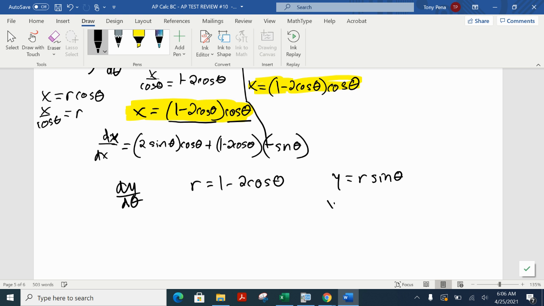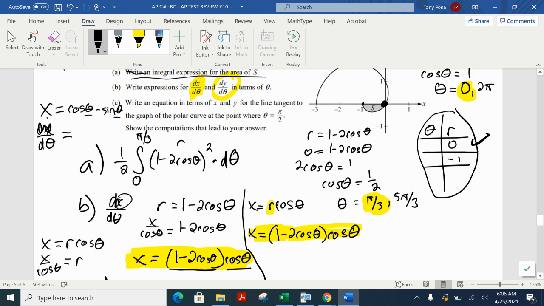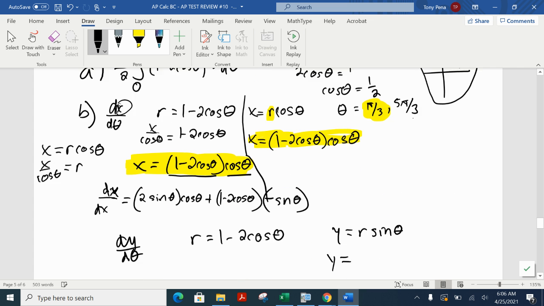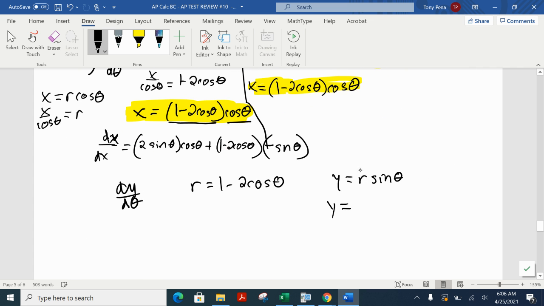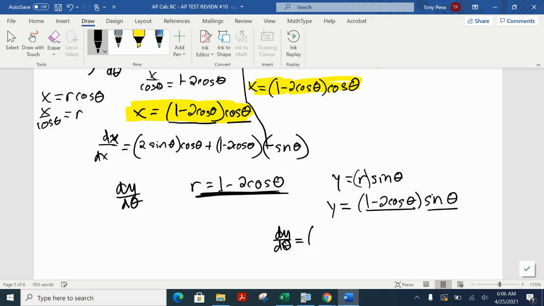I am going to do this one. So y equals r sine theta. What was r? 1 minus 2, oh, it's right here. So I'm going to take what r is, which is, it's told right here, to be 1 minus 2 cosine theta, and then your sine of theta, and then just take the derivative of this. So dy d theta, product rule again.